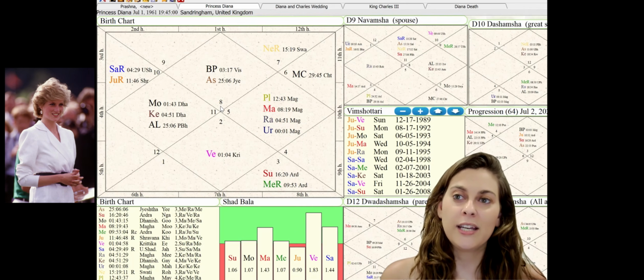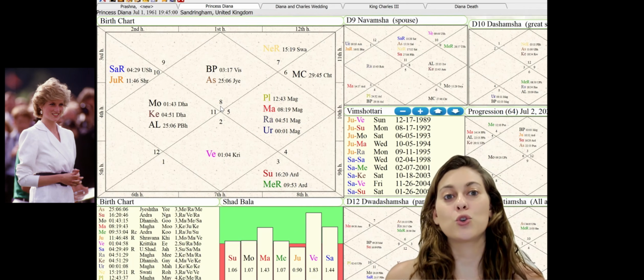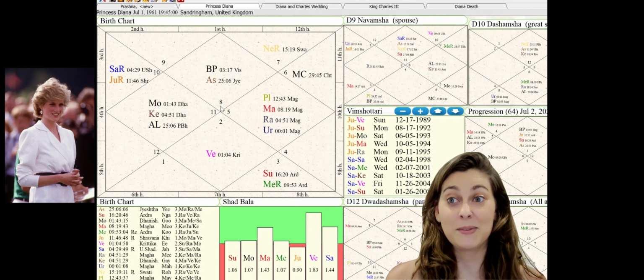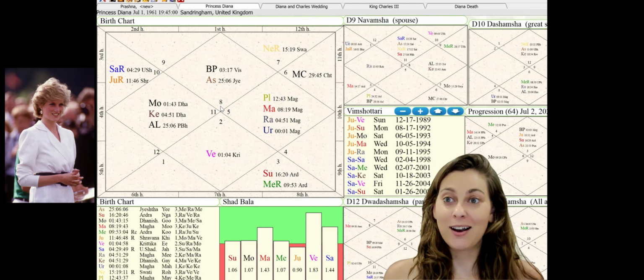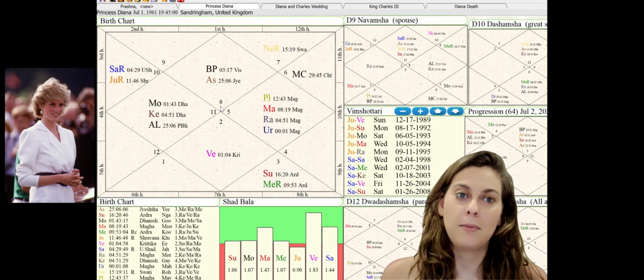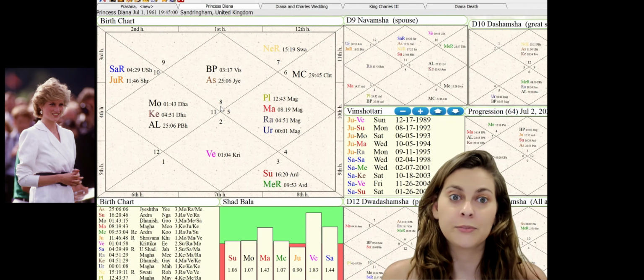But its fear is vulnerability, and it thinks that control will keep them safe. On the positive side, Jyeshta has an amazing ability to protect and to lead and to keep people safe.